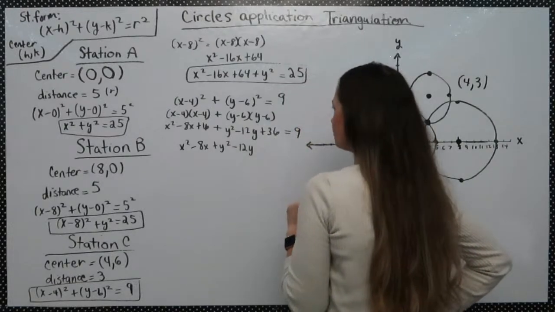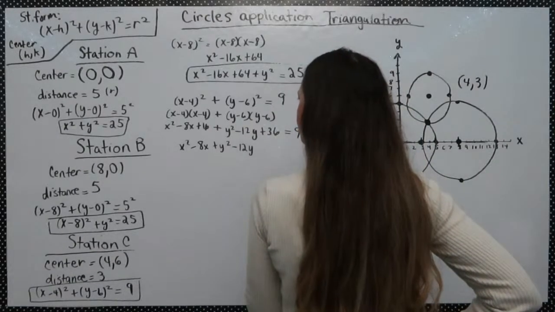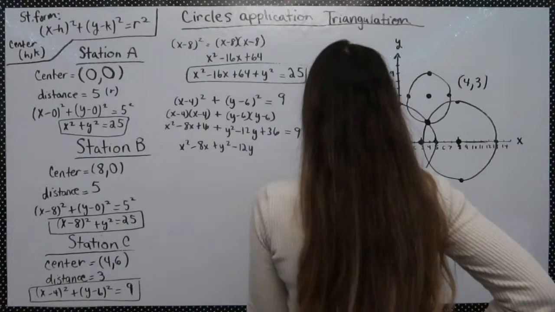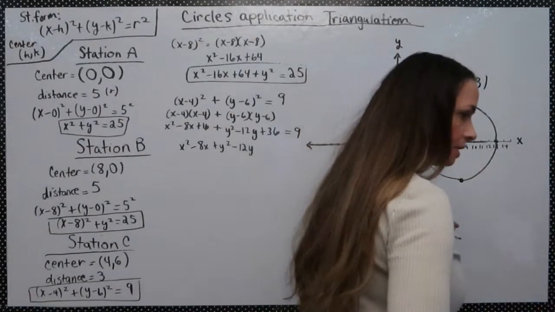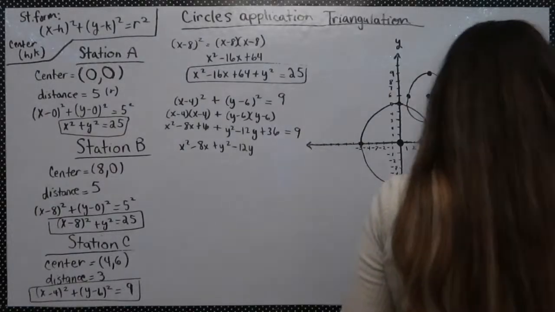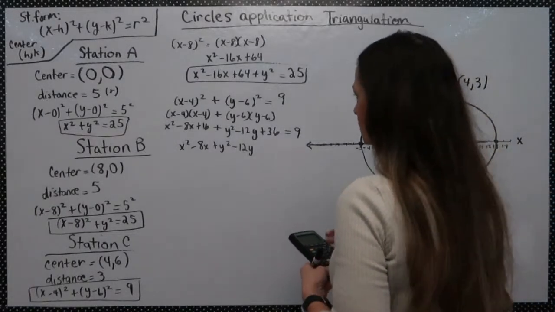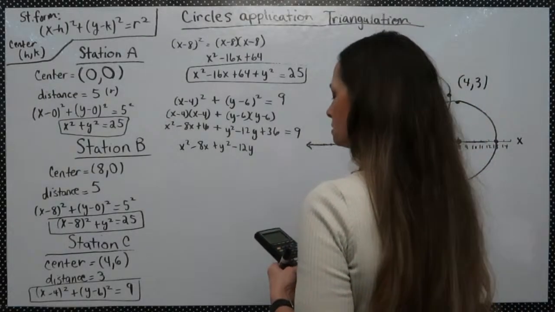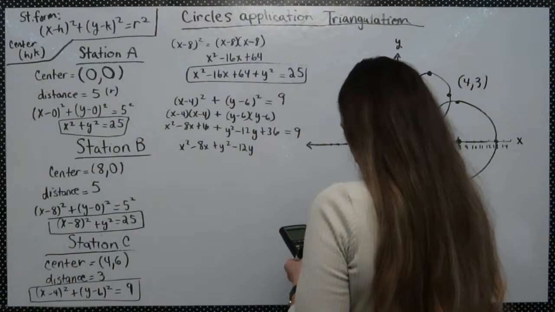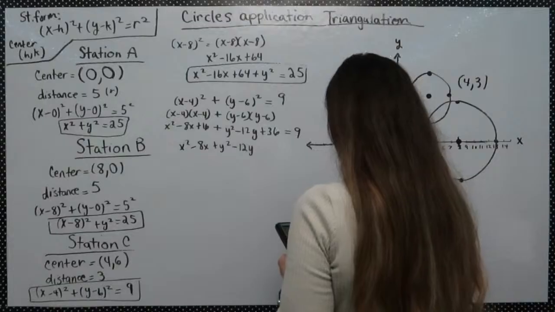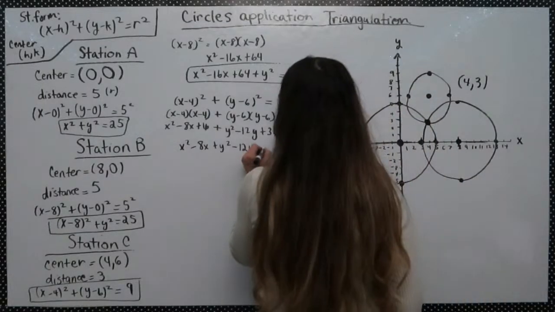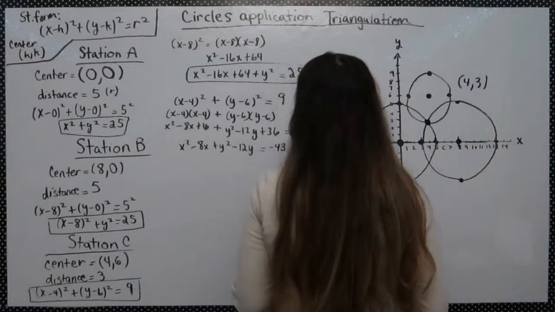So that's 42, 52. Oh, it's going to be negative here. Let me just calculate. All right, I'm getting negative 43. I just want to make sure.